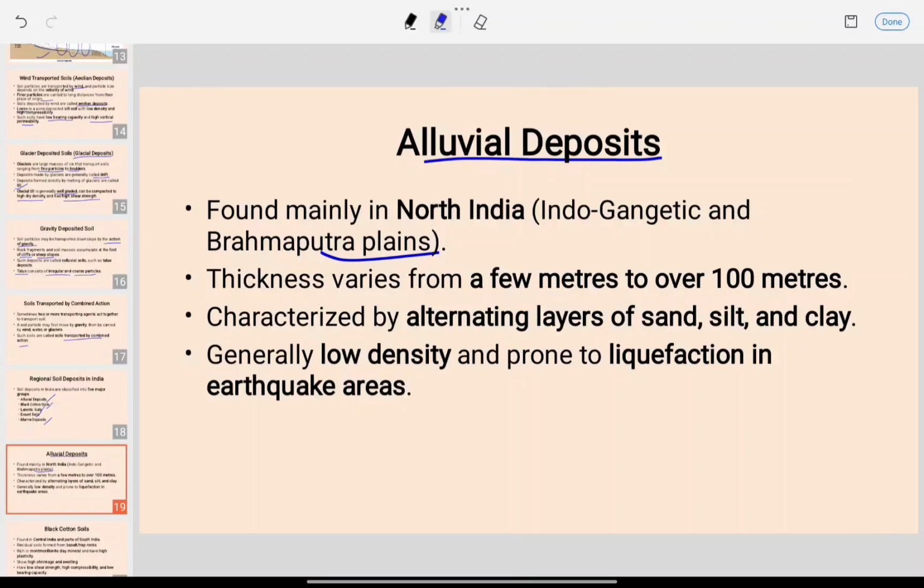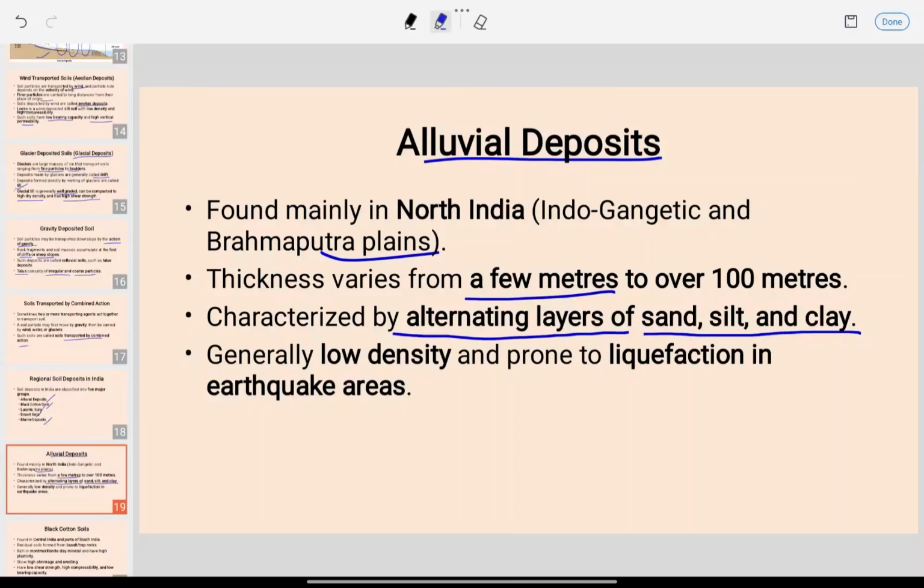The thickness of alluvial deposits can vary greatly from a few meters to 100 meters in some regions. An important feature of these soils is that they consist of alternating layers of sand, silt, and clay, deposited over time by flowing river water.